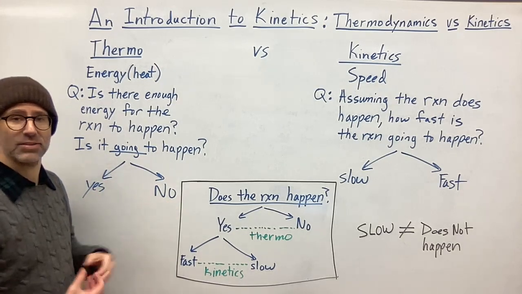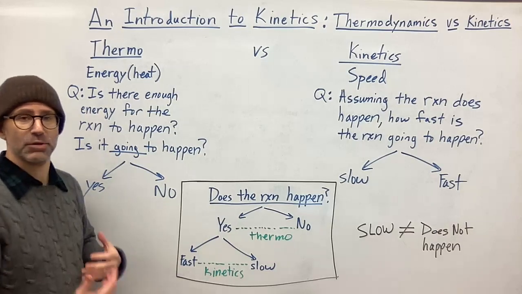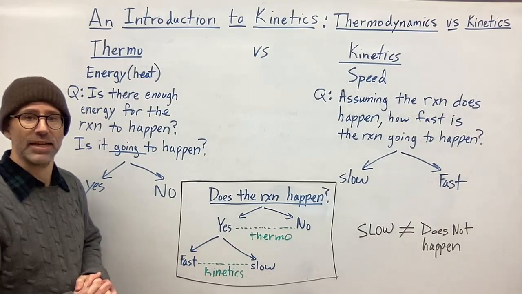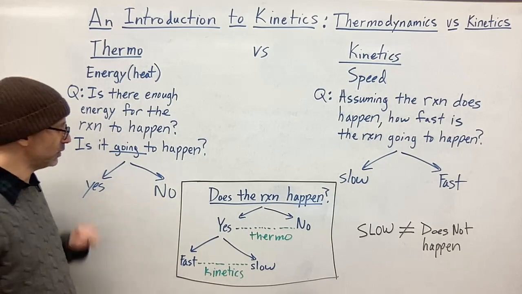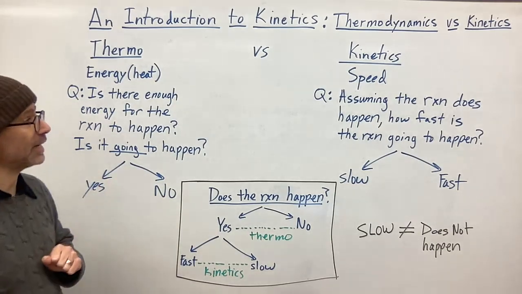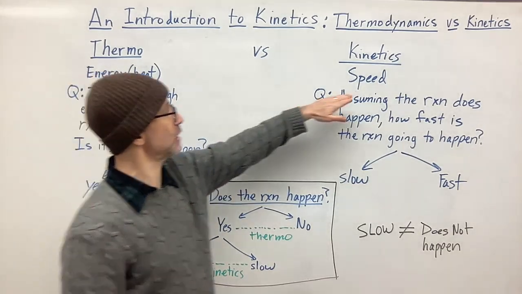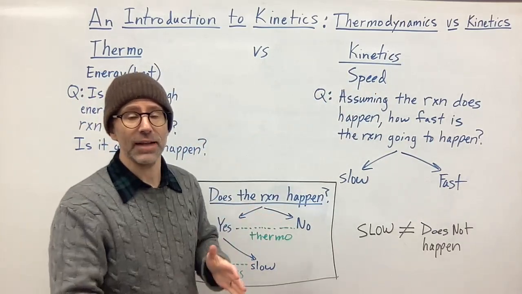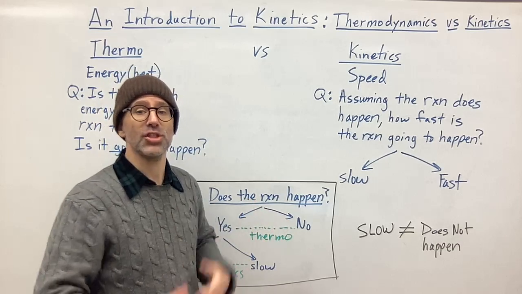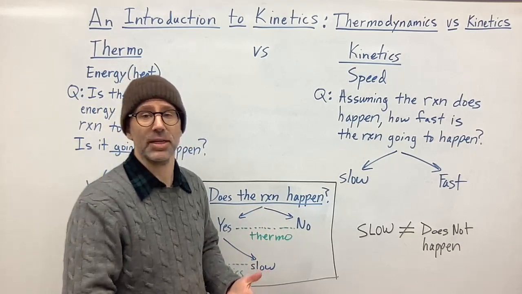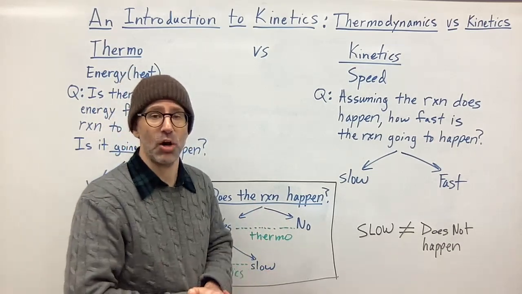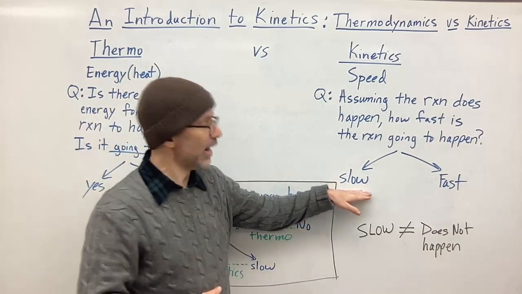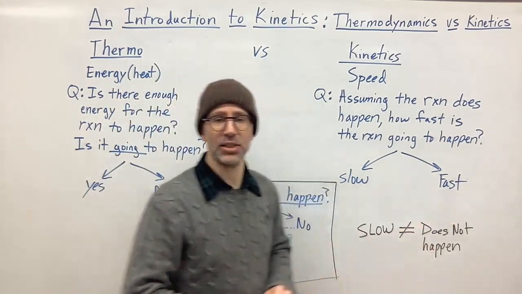And so that's where we get into things like Gibbs free energy and all of that stuff. So, yes or no? Kinetics, on the other hand, is dealing with speed, right? Not whether or not the reaction will go, but assuming that the reaction does happen, how fast will the reaction go? Is it going to be a slow reaction or is it going to be a fast reaction?